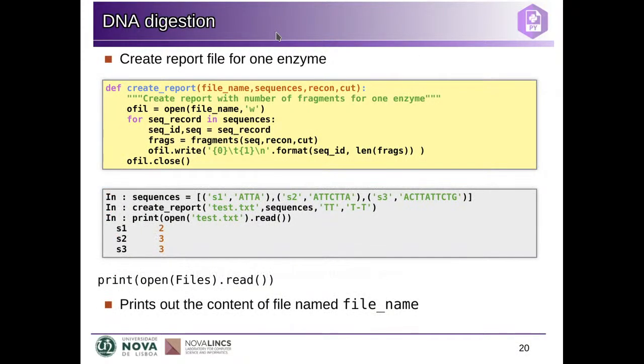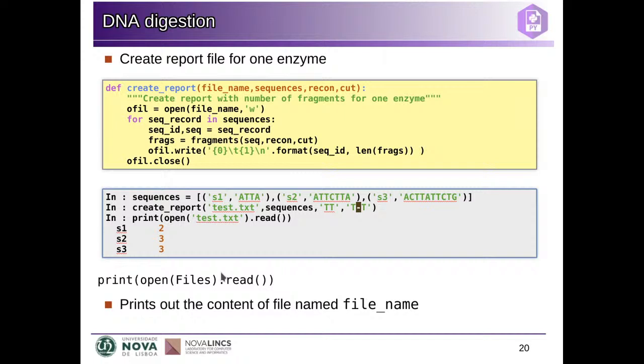And now we can check to see if this works. So we can create some artificial sequences, S1, S2, S3, with these sequences here. We create the report on this test file using these sequences and this information for cutting. So every time the enzyme finds a TT, it will cut between the 2 T's. And now we can check what the file contains.